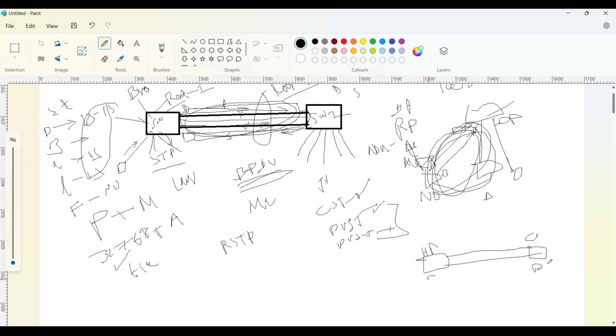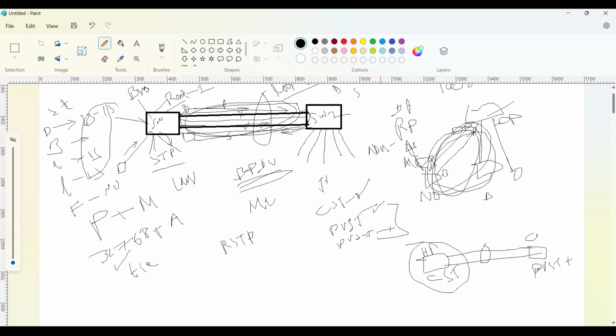Here we'll use CST, here we'll use PVST. If you use PVST, it won't work, because STP will not form. If you use PVST plus in between, then STP will form. In real time, we use CST with other vendors' switches.